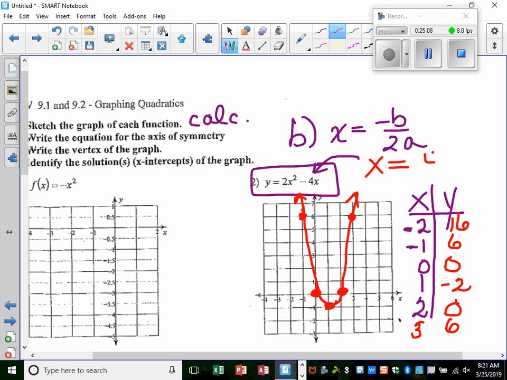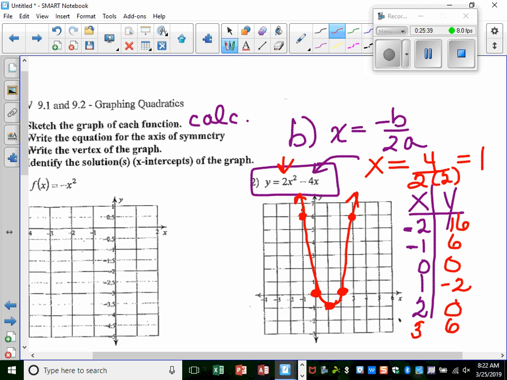And if you want to put it as a negative and then put the negative 4 in parentheses, it's the same thing, but I always just say the opposite sign of b, so I don't have to write all those negatives in. Okay, divided by 2 times my a term. My a term is what? 2. So what is 4 divided by 4? 1. I've just done part B. x equals 1. That is your axis of symmetry.